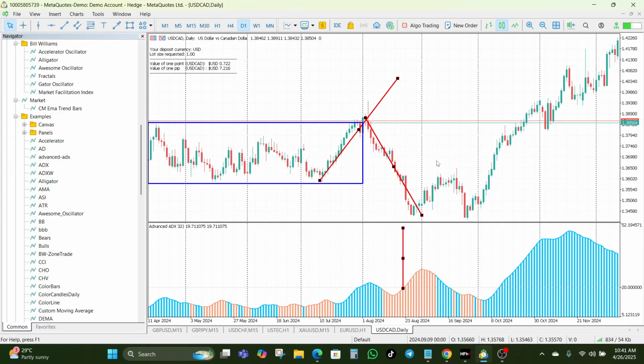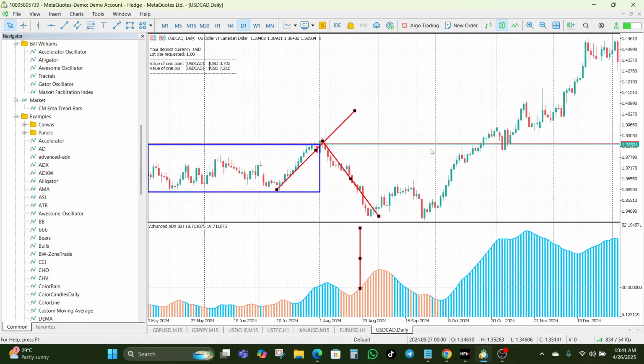But I need to emphasize that when using this indicator, just like every other indicator out there, you need to make sure that you do not neglect your risk management. Risk management is crucial. You might be using the best indicators out there, but if you are not able to manage your risk effectively, you're going to lose money. It's not about having the best tools, it's not about having the best strategies.